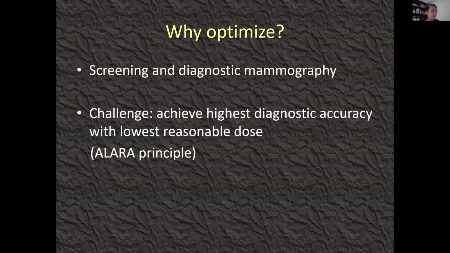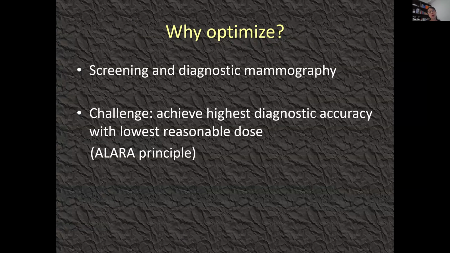So why optimize mammography? It is important to optimize mammography, which can include screening as well as diagnostic mammography, because the accuracy and the effectiveness of these modalities will depend very much on image quality.